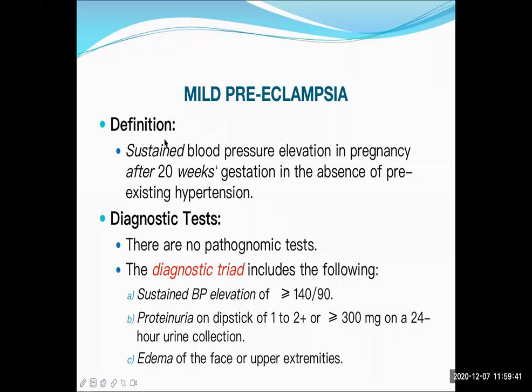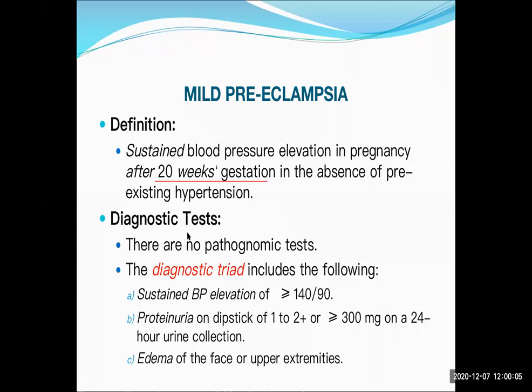The definition of mild preeclampsia is sustained blood pressure elevation in pregnancy after 20 weeks of gestation. This is very, very essential. Without this, I cannot enter into the definition at all. It must be in the absence of pre-existing hypertension; a lady should not be hypertensive from the beginning.